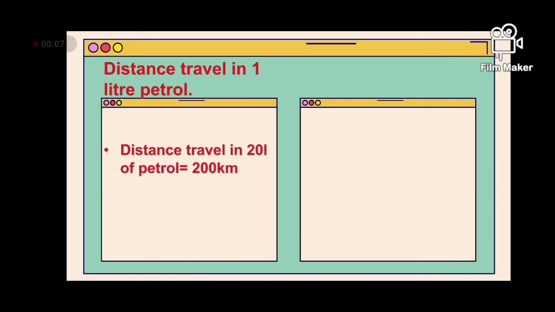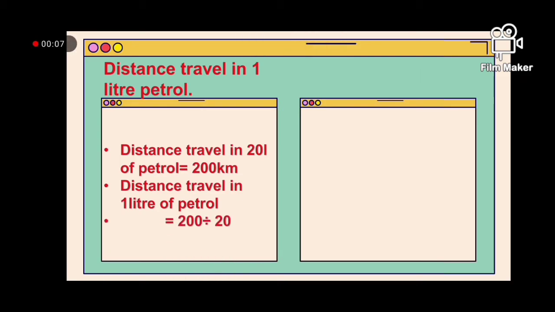We divide the distance covered by 20 liters of petrol. 200 divided by 20 is equal to 10 kilometers. It means the distance traveled in 1 liter of petrol is 10 kilometers.